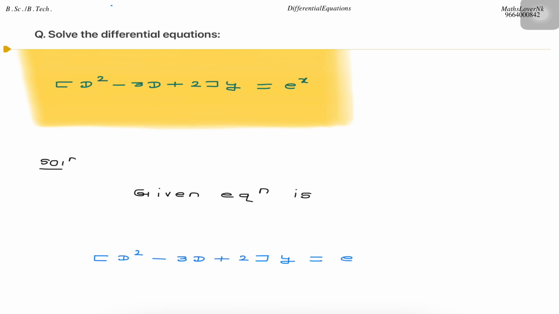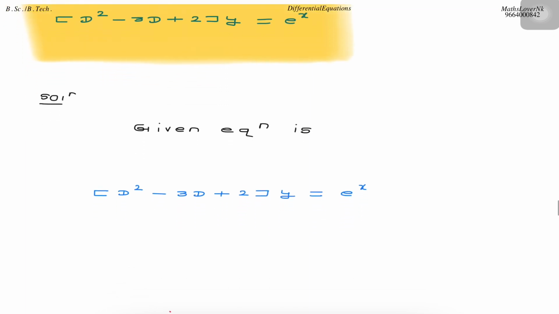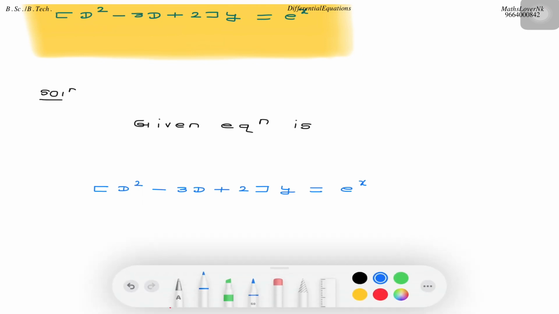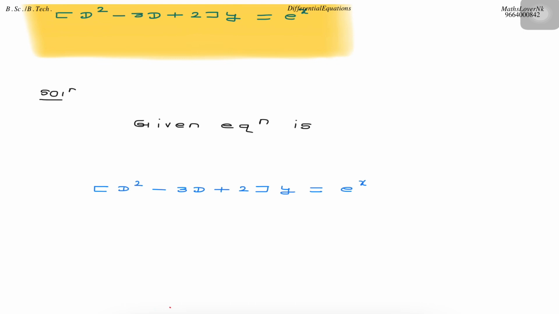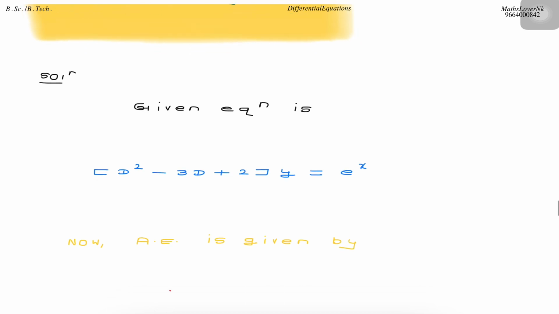Now the auxiliary equation, in short form AE, is given by: for finding the auxiliary equation we put capital D is equal to m.